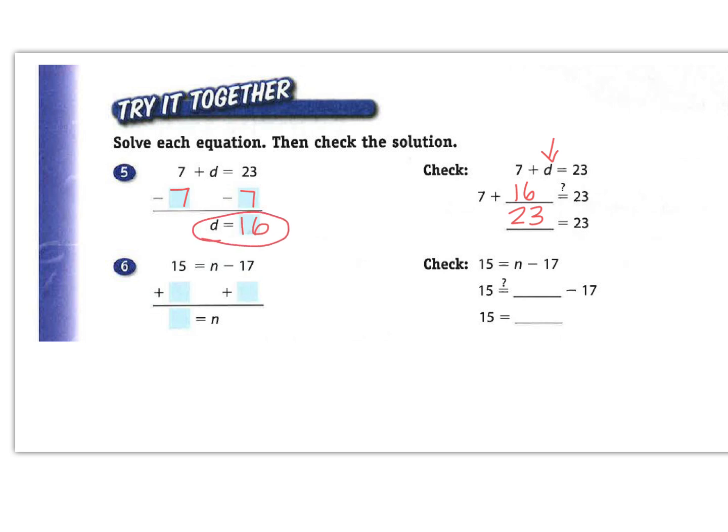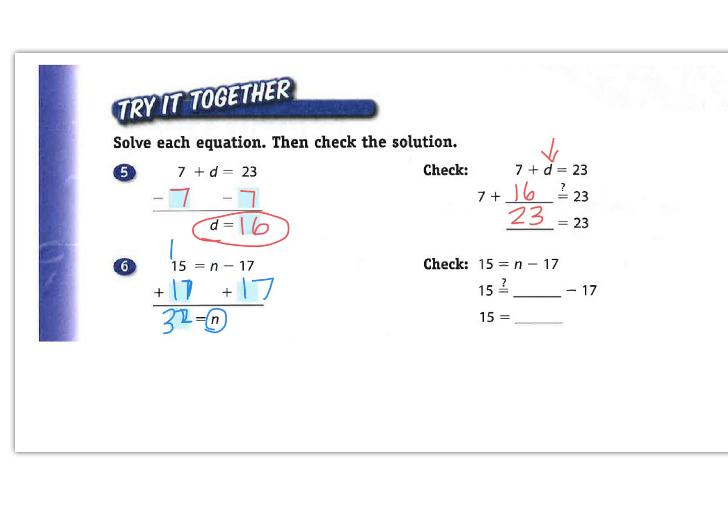All right. Number 6, 15 equals n minus 17. So since we're minusing, we have to add to do the opposite. We're doing the opposite of that operation because then that gets n by itself. So then we would do 15 plus 17. That equals 12. Carry the 1. 1, 2, 3, 32.